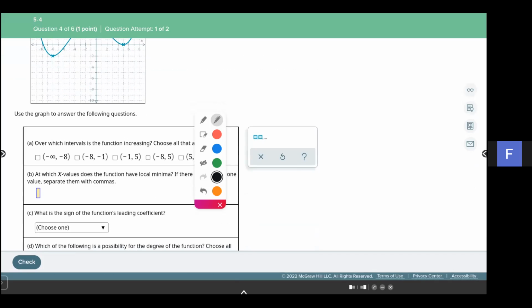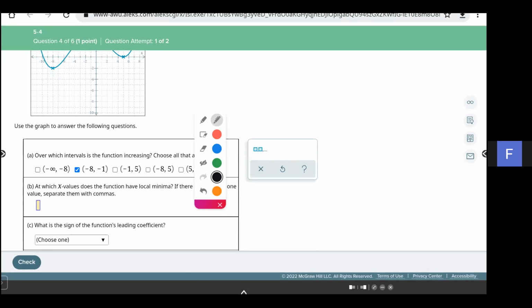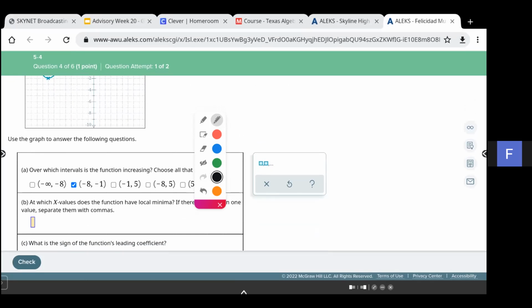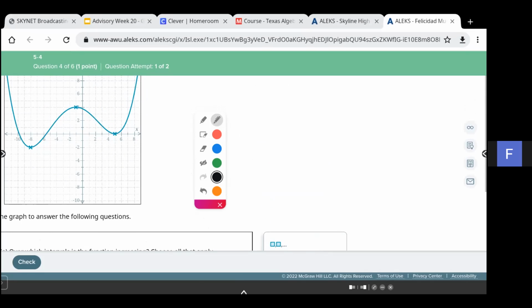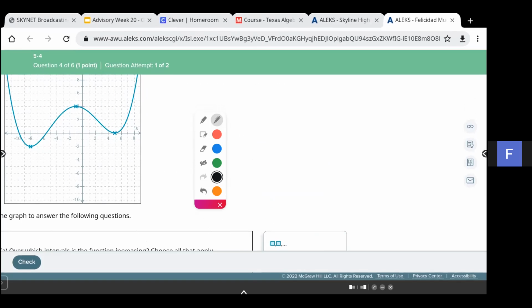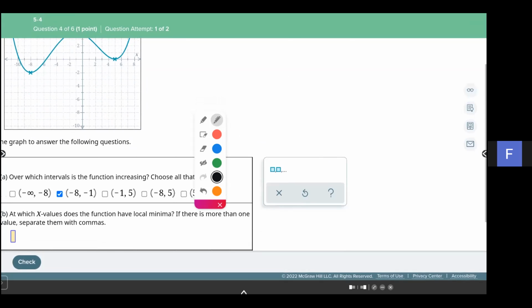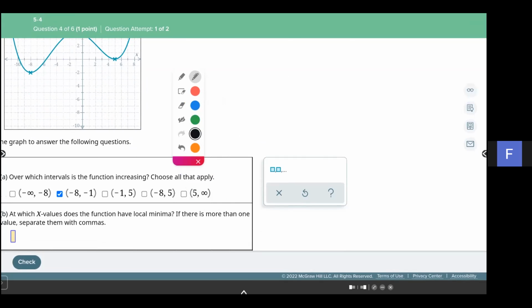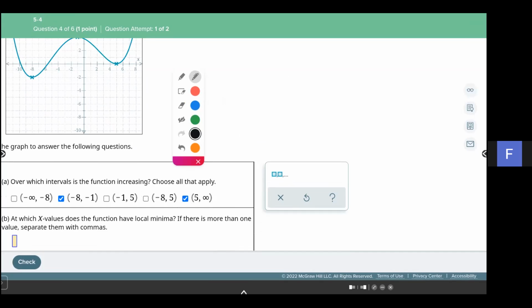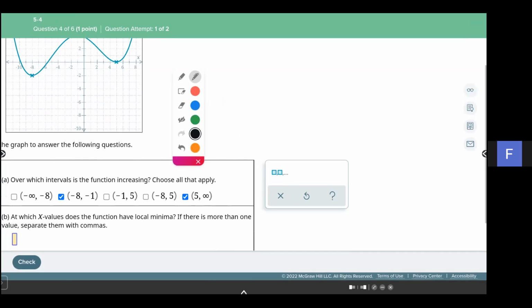So I'm going to check negative infinity to -8. No, that is negative. -8 to -1 is positive. -1 to 5 is negative. So 5 to 8 is my next one. I do believe that's all of them right there.